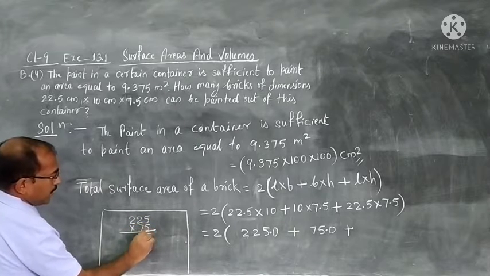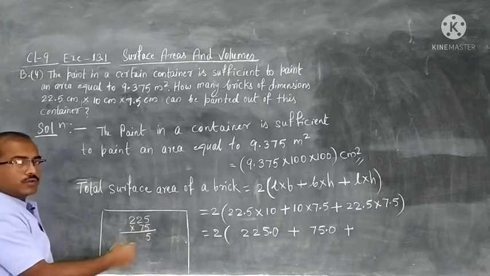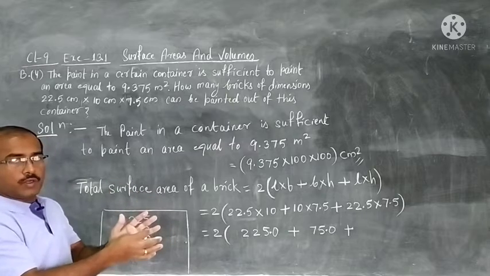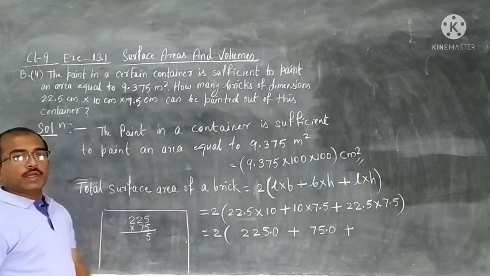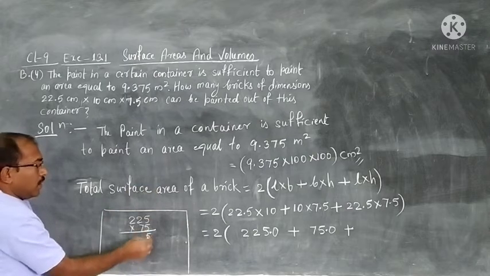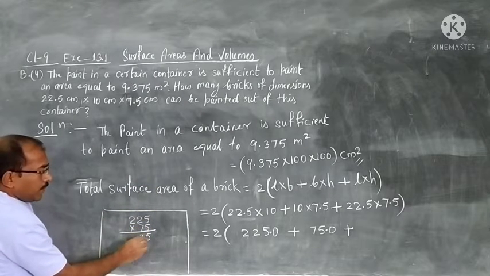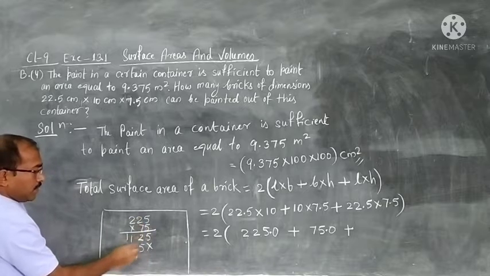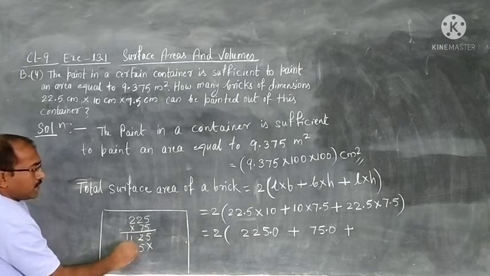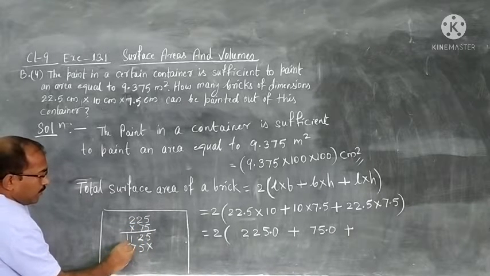5 5s are 25. You know this calculation. I am showing you so that when you do the solution on your own, you multiply it on the rough side. Otherwise, directly we cannot know 225 into 75. 25, 12, 5 2s are 10, 1 11. 7 5s are 35, 30, 14, 3, 17, 7 2s are 14, 1 15.